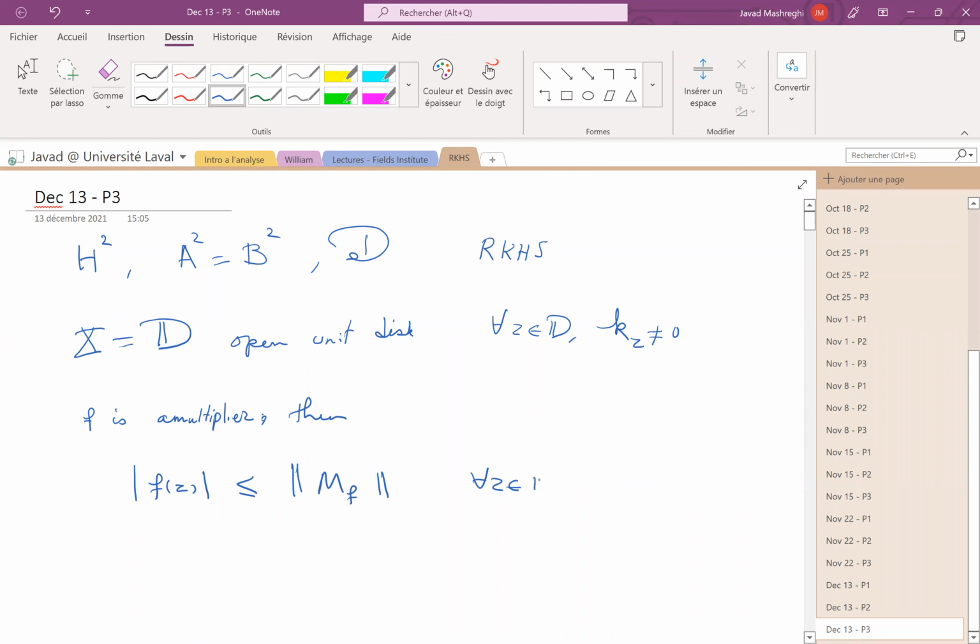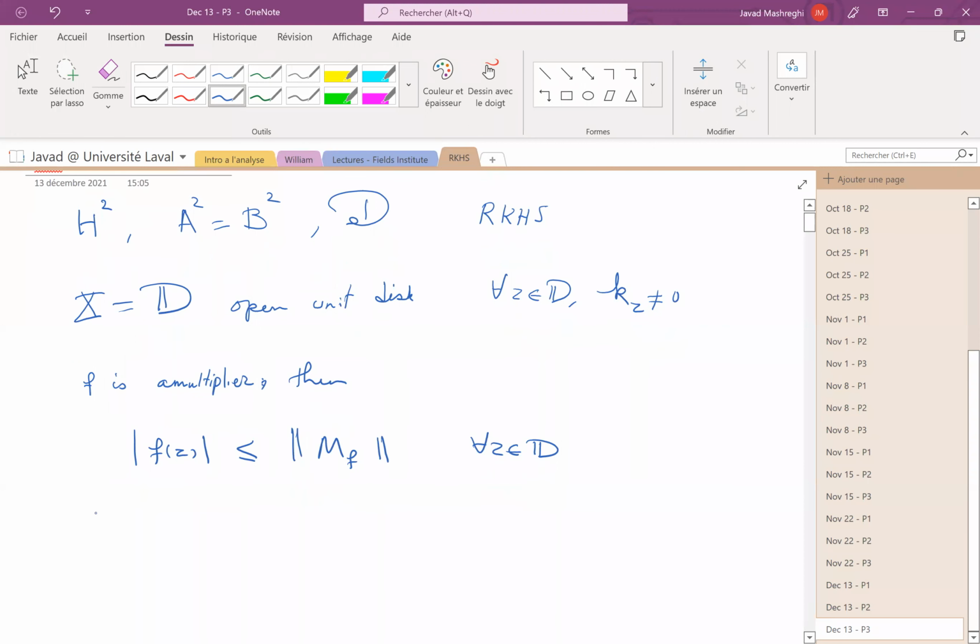And since in each case 1 is in this space, 1 is in H2, 1 is in A2, and 1 is also in the Dirichlet space, we conclude that the multiplier spaces are not the same. In each case, they are different.